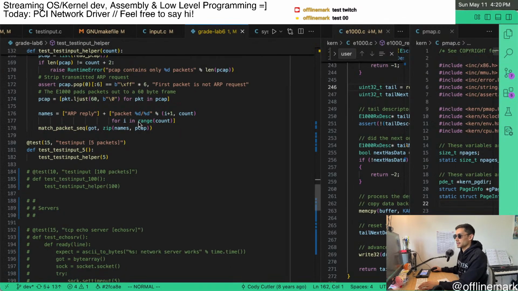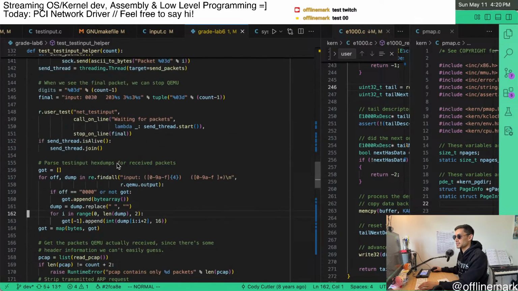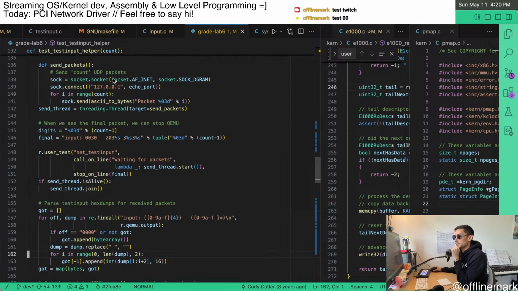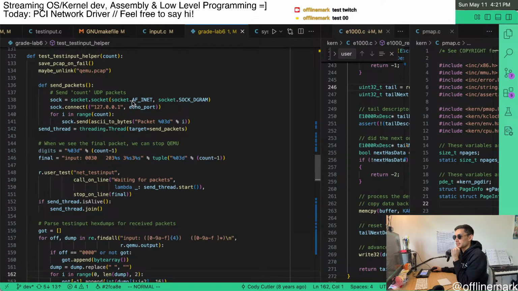And these are coming from this function. The way the test works is that it spawns a thread, and in the thread it sends UDP packets through this port forwarding into the VM, and this is where it constructs these strings that it passes in.